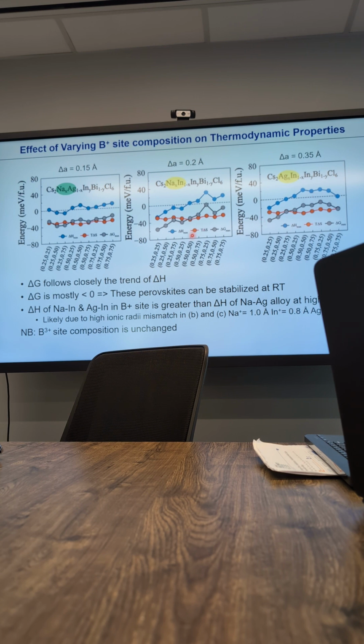Now why exactly this, when you have, let's say, delta H max, with sodium at 0.75? The X here is 0.75, which is sodium, and the Y is the indium. So if you have 0.75 of sodium and 0.25 of indium, I don't know why there's a big spike here.